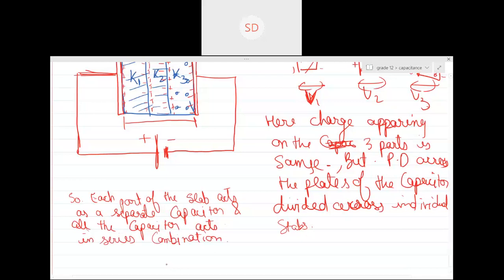So basically, that slab we have drawn over here, this diagram.